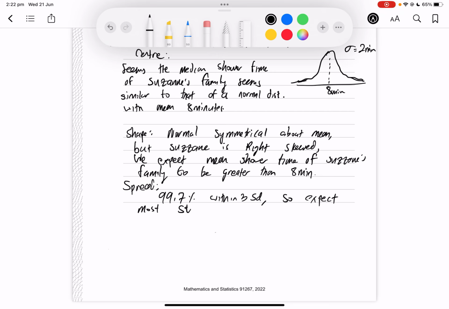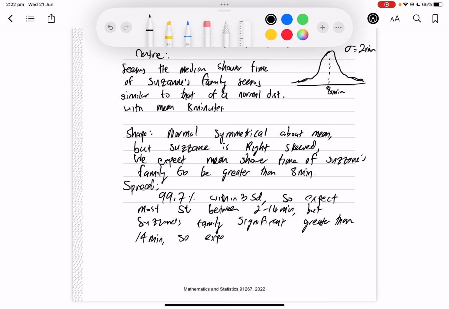So expect most shower times between 2 to 14 minutes. But for Suzanne's family, a pretty significant number is greater than 14 minutes. So we expect the spread is larger for Suzanne's family, or the standard deviation to be larger.